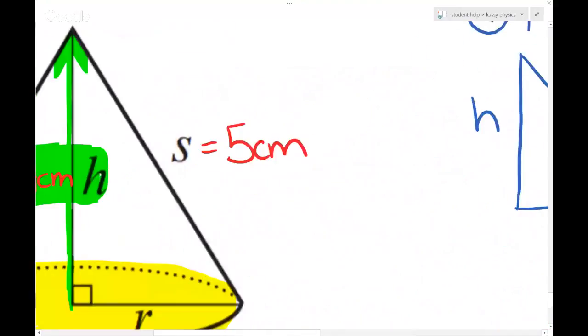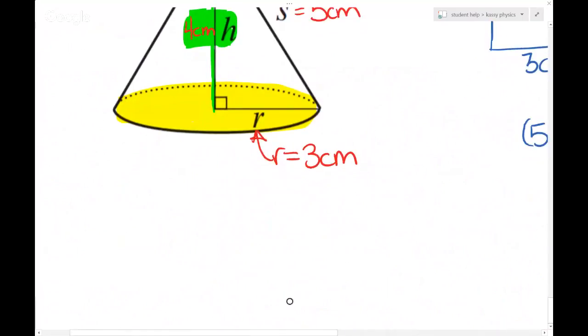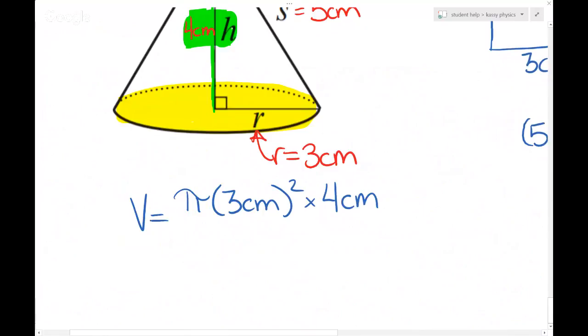So we would say the volume is equal to the area of the base circle, which is pi times the radius squared, which in this case is 3 centimeters squared, times the height, which is 4 centimeters. And because it's a cone, a shape that comes to a point, we divide it by 3.